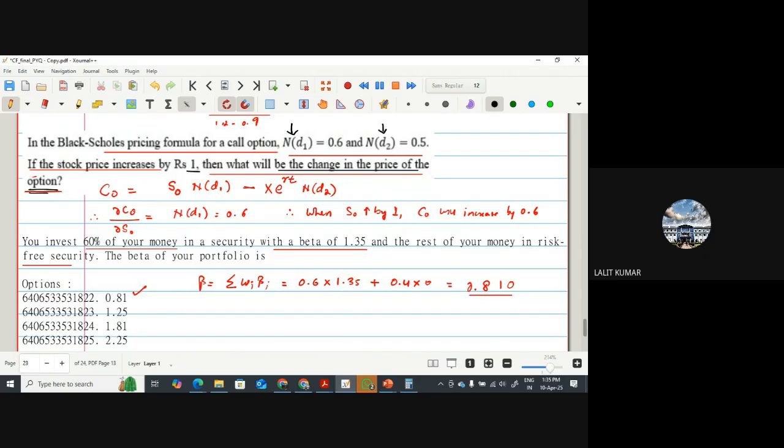So straight away we can see that C0 depends on N(d1) minus N(d2). If the stock price increases, it depends on S0 here. So if we take the derivative of C0, we get N(d1). So if the stock price increases by 1, my C0 will increase only by the value of N(d1), which is 0.6.